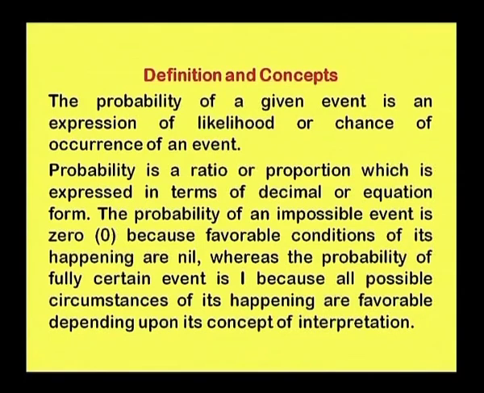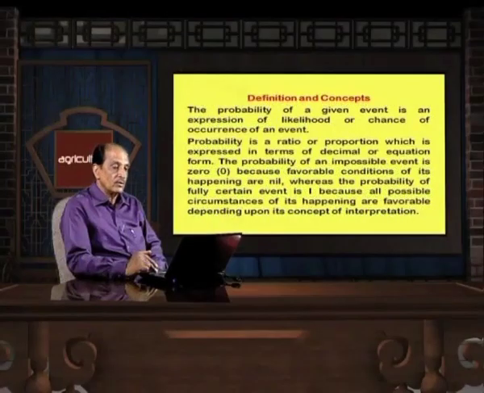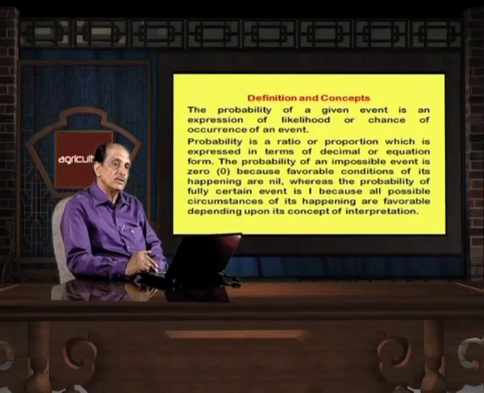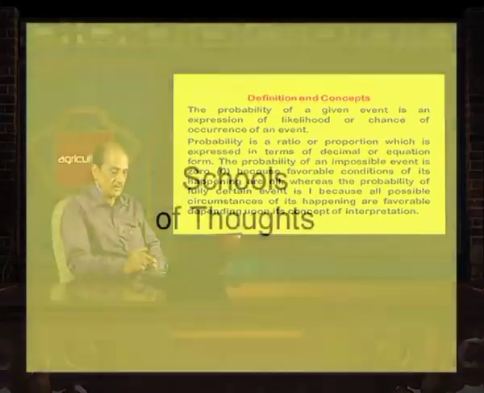On the contrary, the probability of a fully certain event is 1 because all possible circumstances of its happening are favorable. So, whenever we have to find the probability of occurrence of a particular event, we have to see the surrounding events which are responsible for the occurrence and non-occurrence of the event.